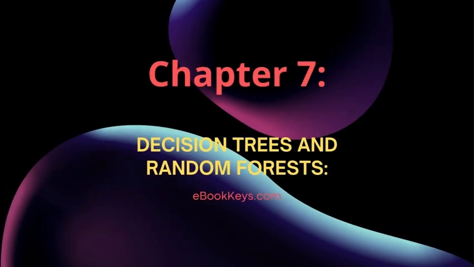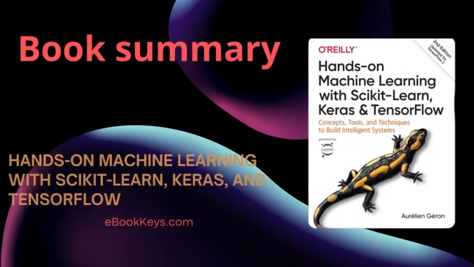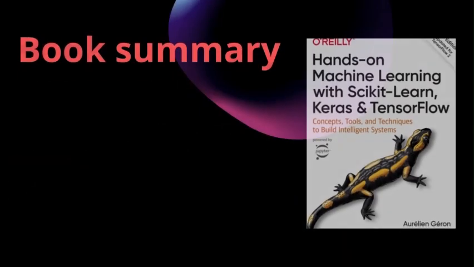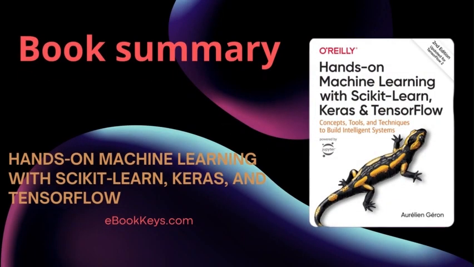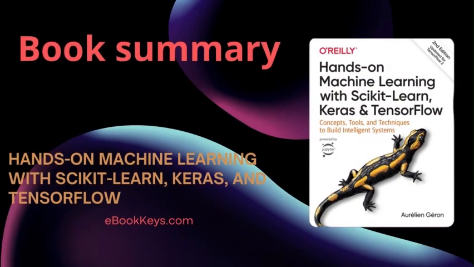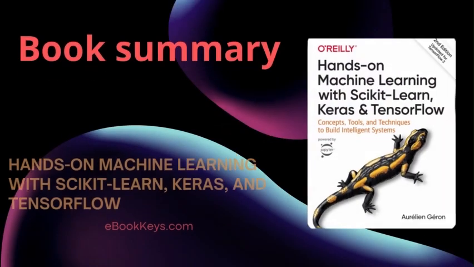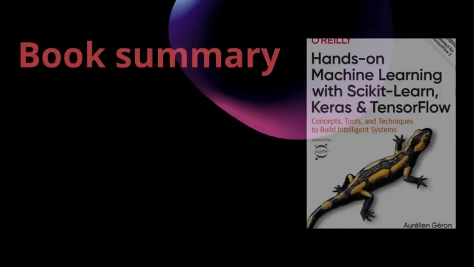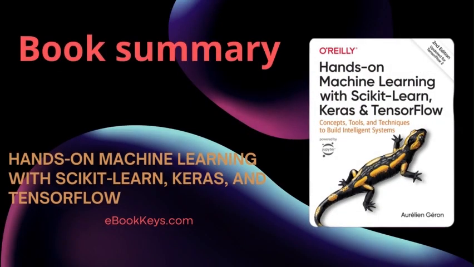Decision trees and random forests. Explore Chapter 7, Decision Trees and Random Forests, to learn about decision tree algorithms and the powerful ensemble method of random forests. It starts with decision trees, explaining how they make predictions based on hierarchical if-else rules. You'll learn about entropy and information gain for splitting decisions, handling categorical variables, and dealing with overfitting.